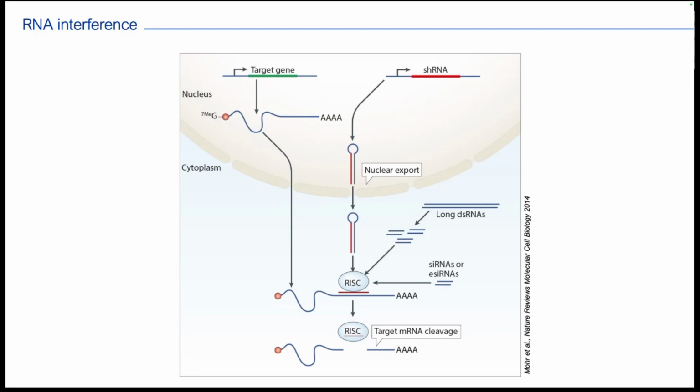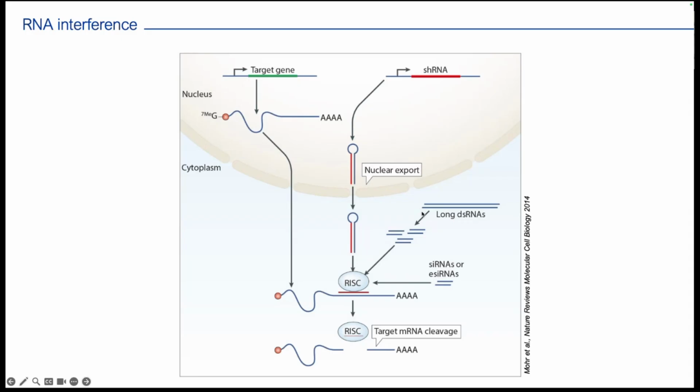Because they are produced enzymatically from a big double-stranded RNA, you'll get multiple sequences that will cover the gene of interest. So this can also be produced enzymatically, but in vitro, and then transfected into the cells. We have here this possibility as well to introduce long double-stranded RNA into the cells to get the same kind of effect as the esiRNAs.